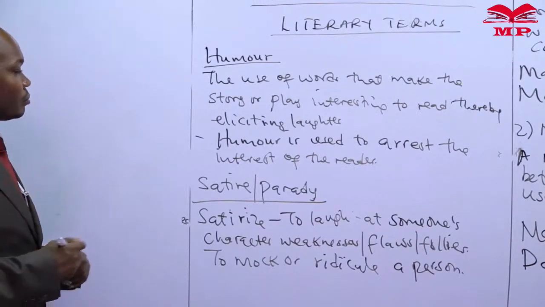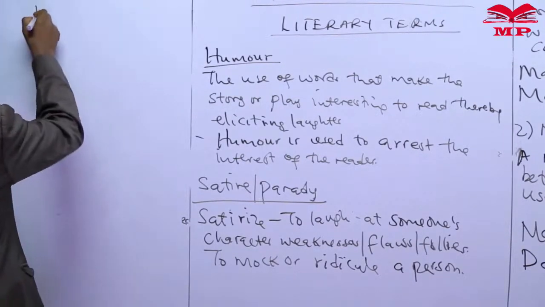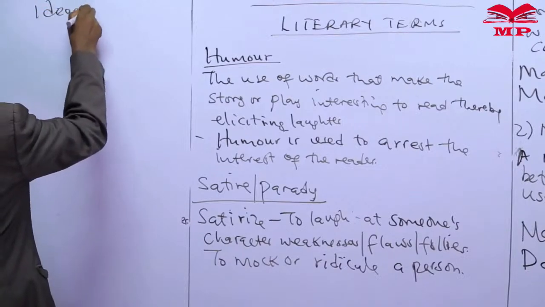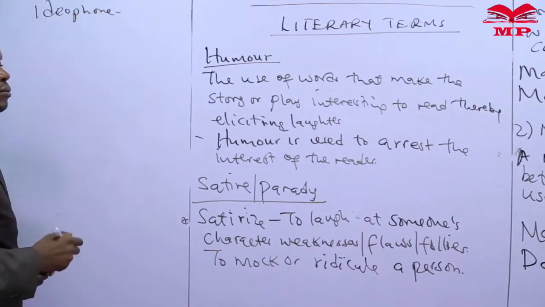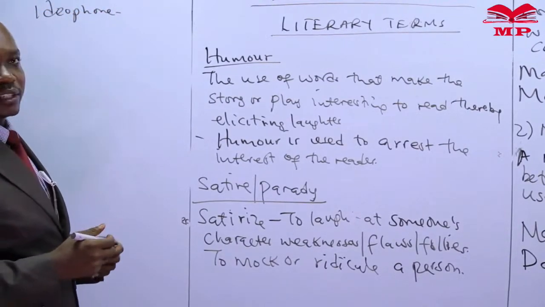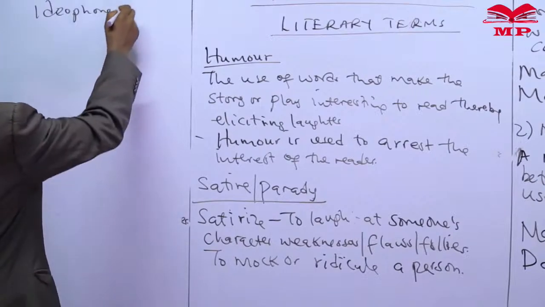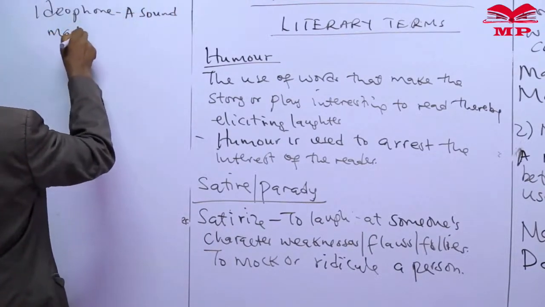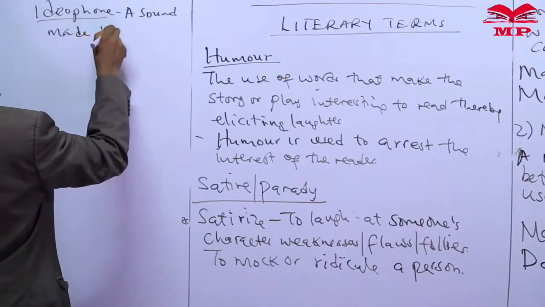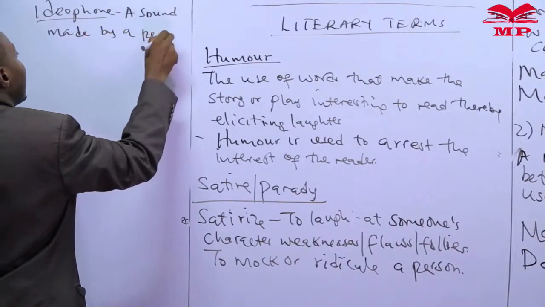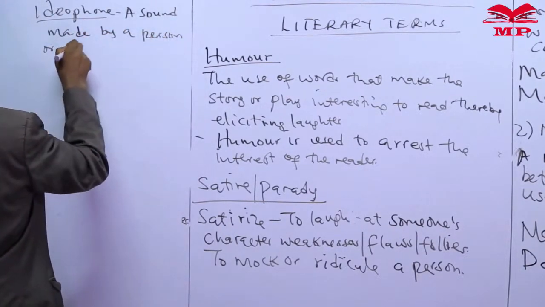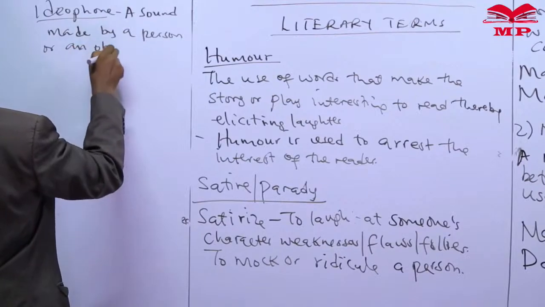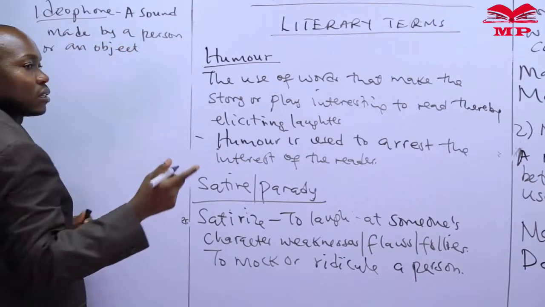Another term that you need to know is idiophone. And this is a simple term. This is just a sound made by a person or an object. That's a sound.